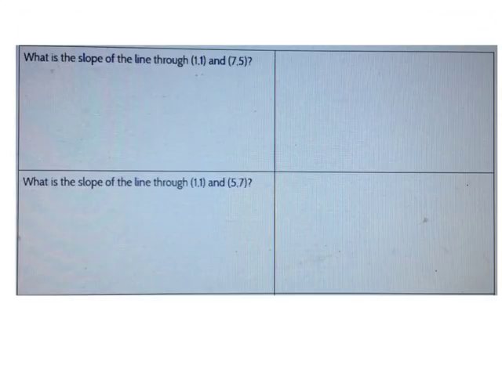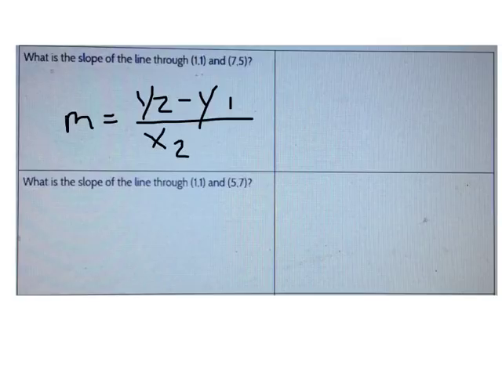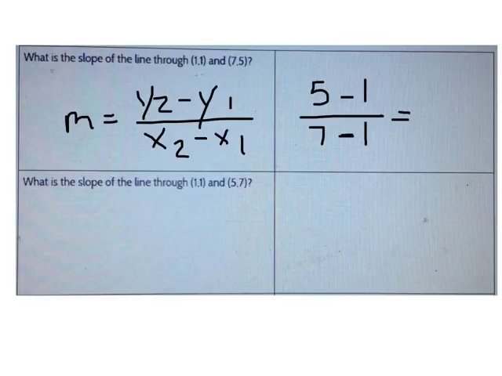We also talked about calculating slope using the equation m equals y2 minus y1 over x2 minus x1. We can plug those values in to find m. In this case, y2 is 5 and y1 is 1. x2 is 7 and x1 is also 1.